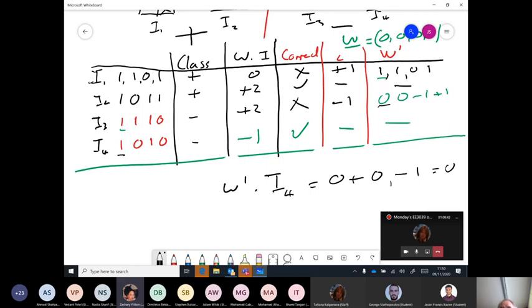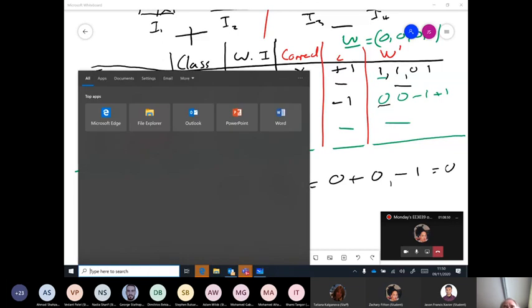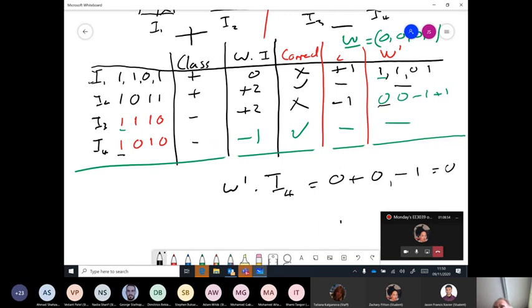It was more how you got +1 at the end. The +1 at the end. I've most probably made a mistake here. It is 0, 0, minus 1. It should be 0. You're correct. You are quite correct.